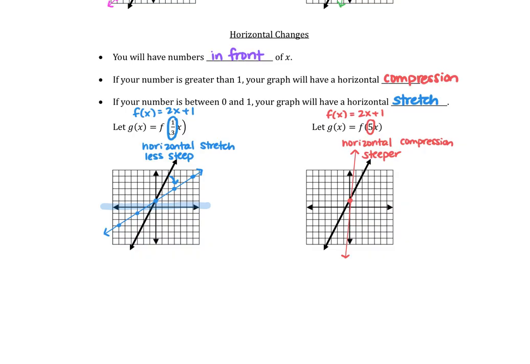Closer to would be a stretch. Look at example number 2. Again, I know it's a horizontal change because it's sandwiched between f and x. And if I start at my black line and move to my new red line, it is moving farther away from my highlighted axis. Farther away would be a compression.